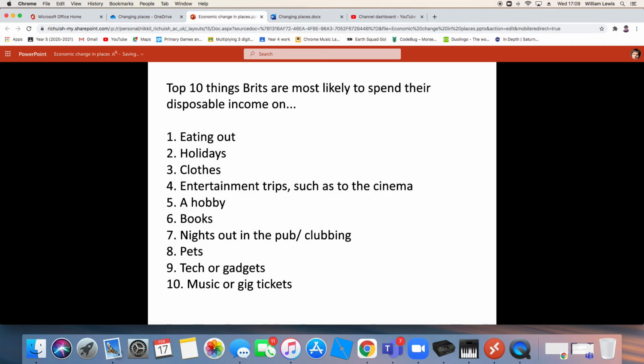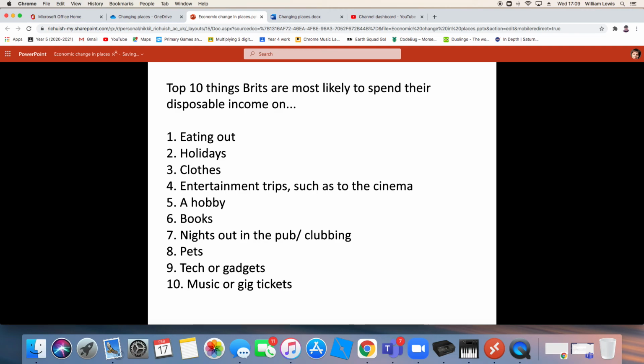And this, apparently, is what Brits like to spend their money on. And all of those things require the service sector. If you eat out, you need waiting staff. You need people who have designed websites. You need people who've designed the menu and the interior. You need travel agents.